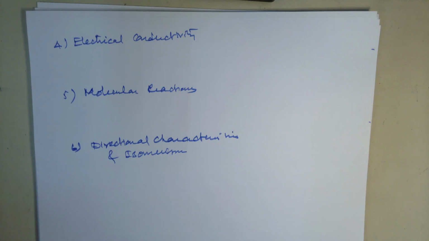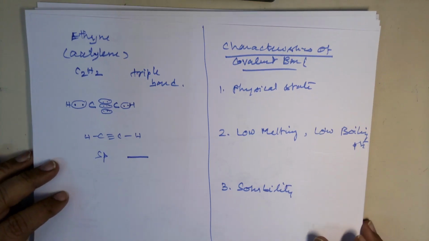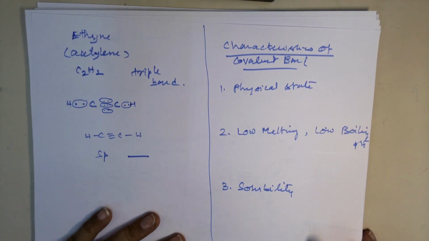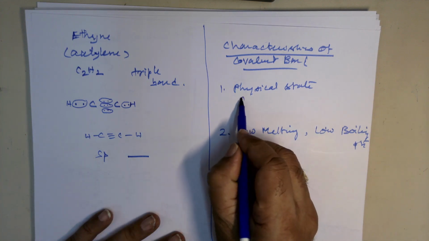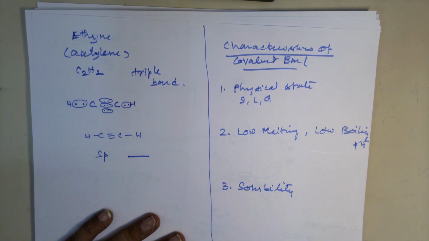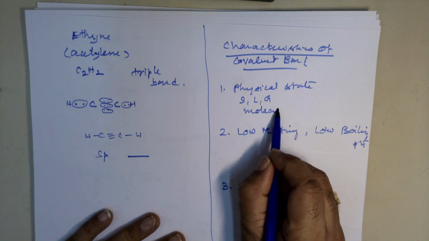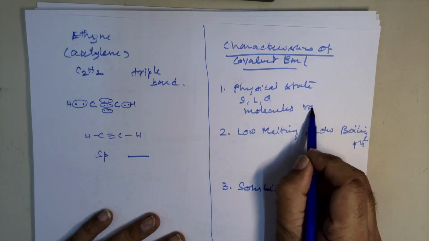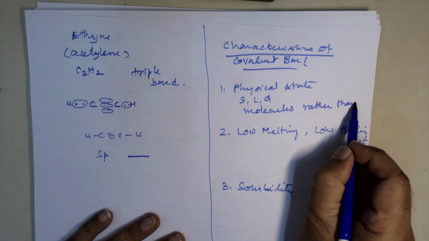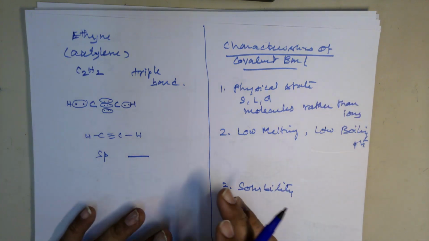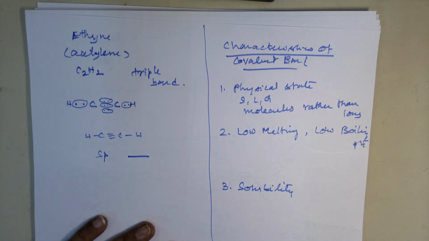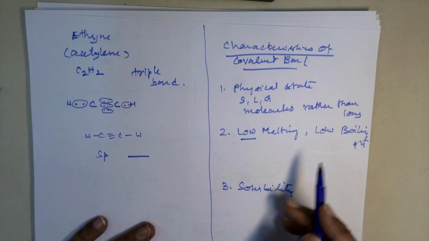Let me take the physical state. Usually, covalent compounds exist in all three states: solid, liquid, gas. They usually contain molecules rather than ions. Regarding the boiling points and melting points, they have low melting points and low boiling points.